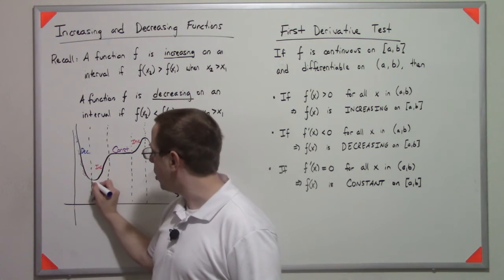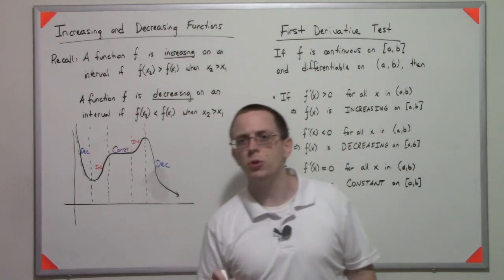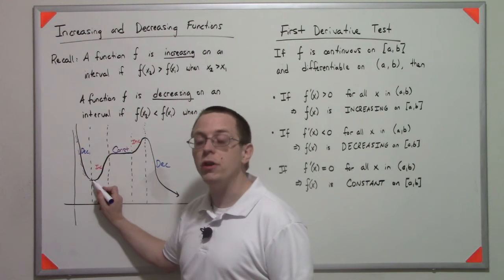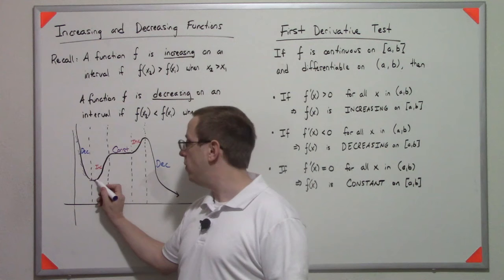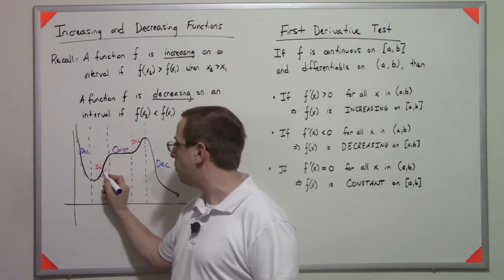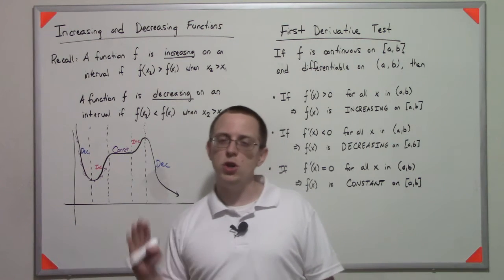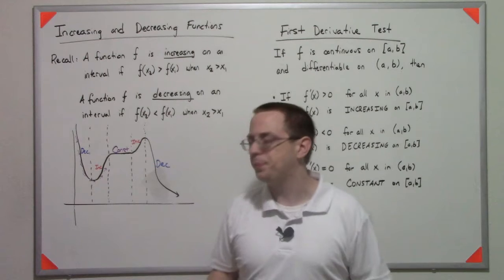And notice that there's a turnaround point. Remember, we talked about critical numbers, and we found the locations where the derivative was equal to 0. So we found that critical number, and then the value of the derivative changed. So we knew that we had a local minimum, and now we have an increasing interval.